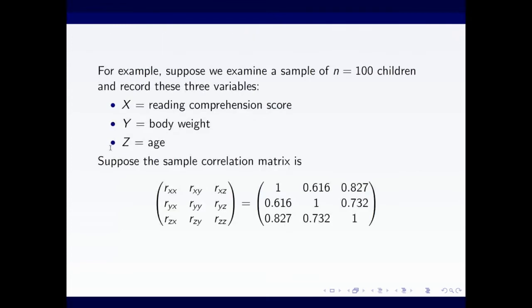This high correlation between x and z and between y and z makes sense, because as age grows, usually your reading comprehension ability increases, and the body weight also increases as age increases.